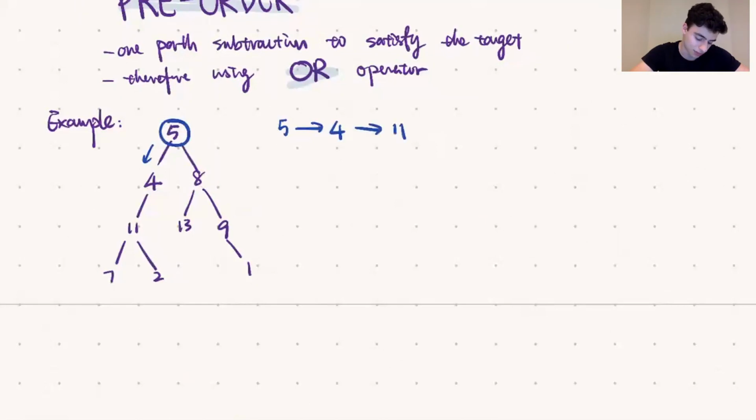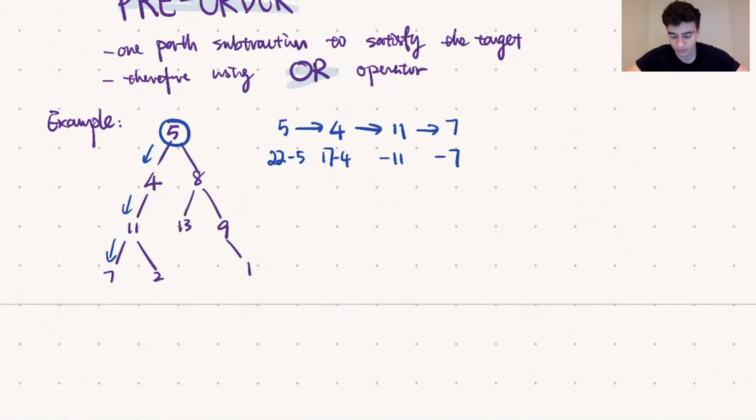And from 11, we move to 7. And all this time, we're subtracting each value from our sum, meaning that we get 22 minus 5 minus 4 minus 11 minus 7. And once we reached our leaf, it's time to evaluate whether or not this is equal to 0.